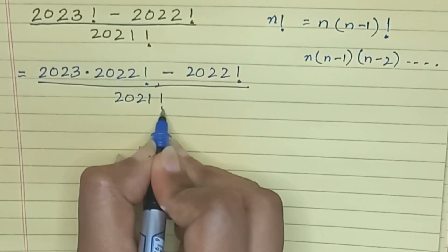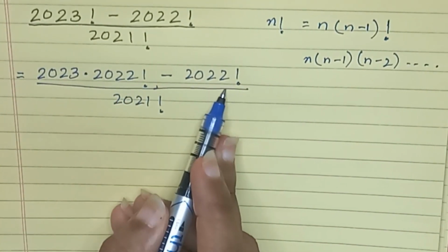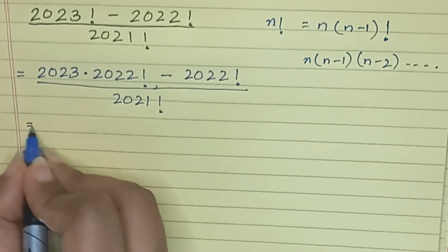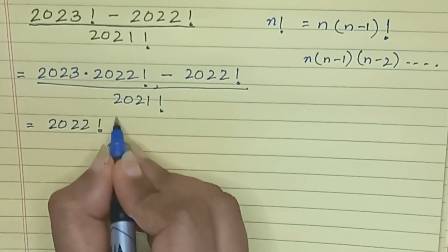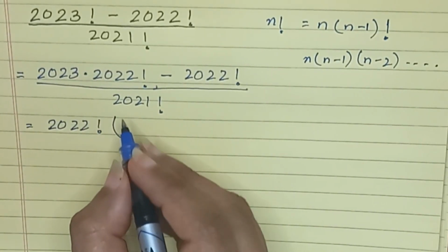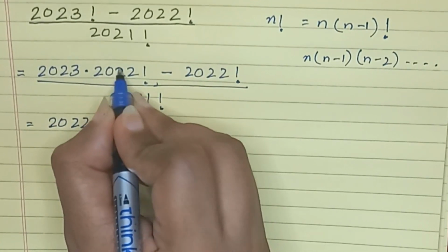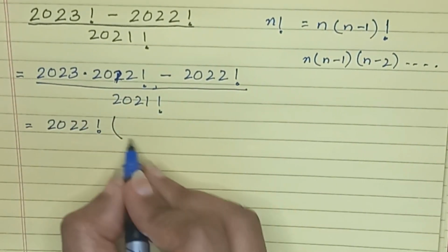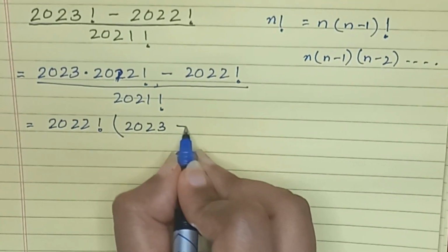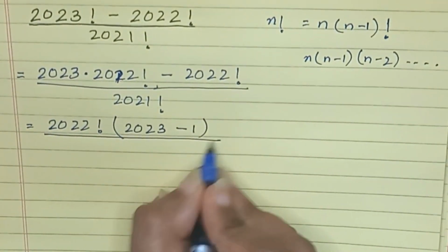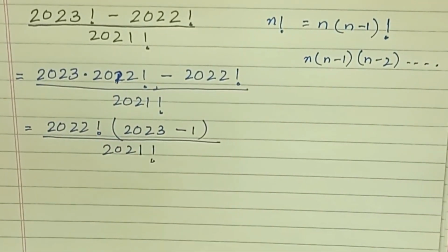2021 factorial. Now from the numerator we have 2022 factorial common here, so we will take 2022 factorial common, and we have left 2023 minus 1, divided by 2021 factorial.